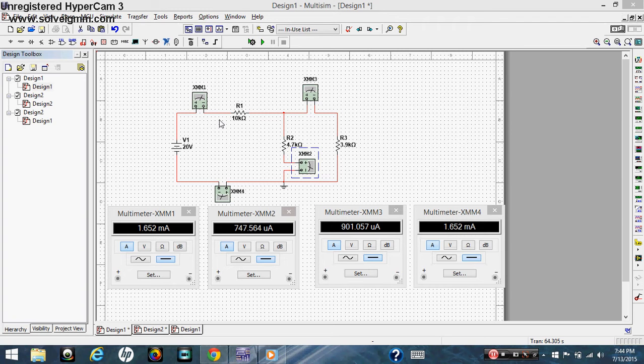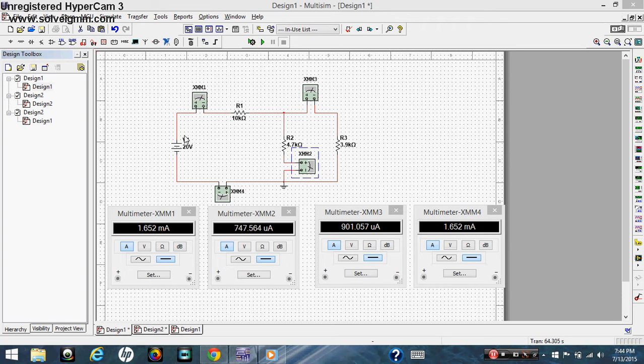And also you can find the current in the circuit by finding the total resistance in the circuit using the multimeter again, and then using Ohm's law, which states that current is directly proportional to the voltage at a constant temperature, with the formula V equals IR.